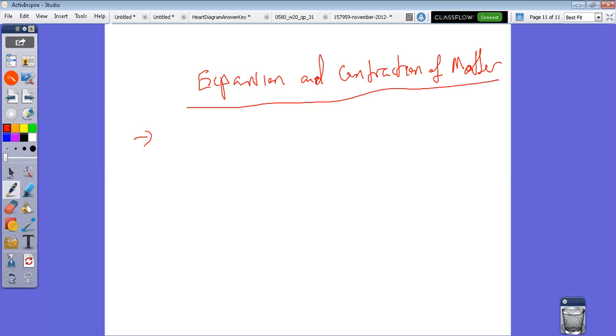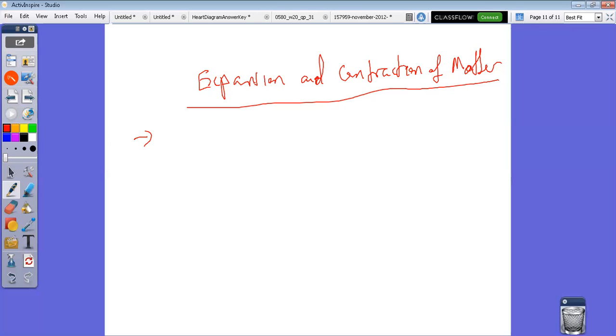What happens when I increase temperature? The particles gain what? Kinetic energy. When they gain kinetic energy, they move further apart. So it's an increase in volume, because volume is the space occupied by matter. Can you see that, Mufaro?